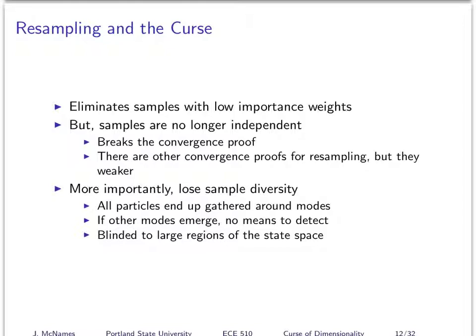One of the things that I didn't discuss at the time, if you dig a little bit deeper, is that the math of particle filters can go really deep, much deeper than we've gone in this class. If you look carefully at the convergence proofs for particle filters, in this order of 1/n that we were talking about, when you do the resampling, technically your samples are no longer independent of one another. You've now created a dependence.